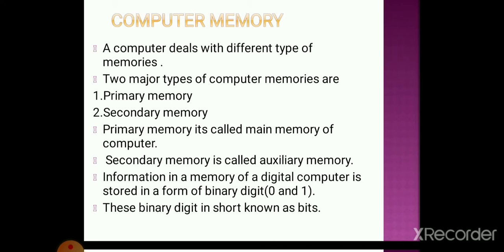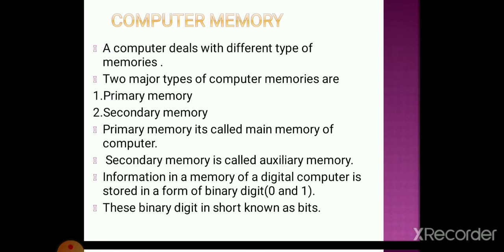Human beings need to memorize things. We store our things and our memory in our mind, which can be recalled when needed. It means that whenever we want, we can recall the things we need from our mind.